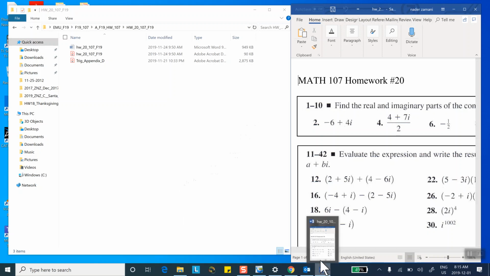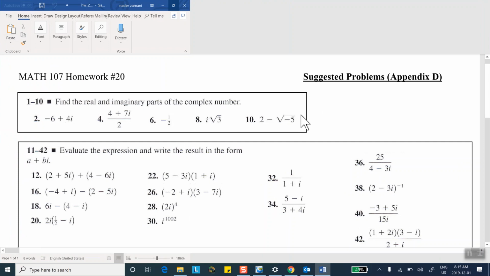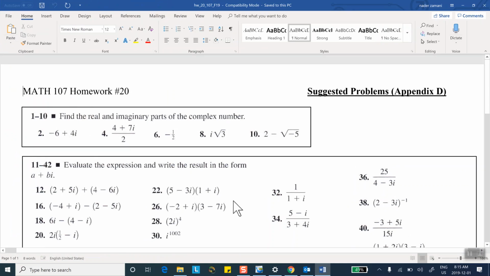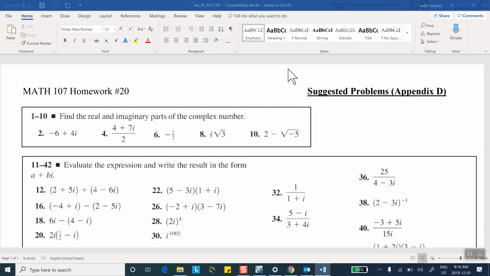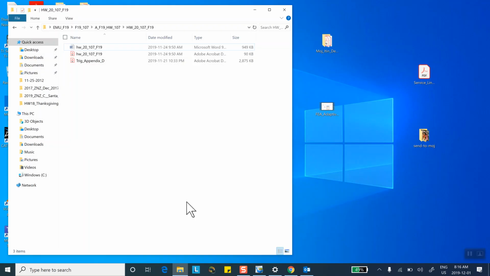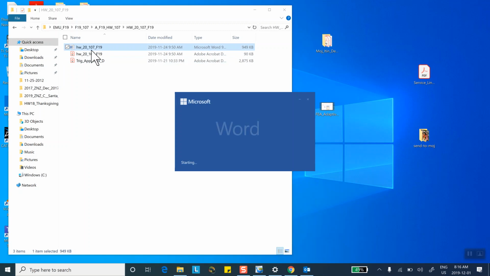Okay. So let me do it like this. Just 1 second. I'm trying to get a blank sheet. It was not working.